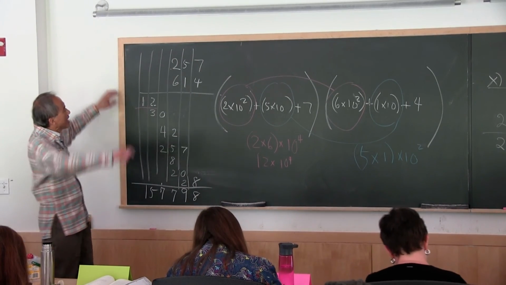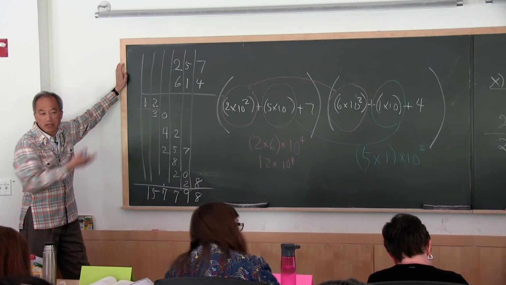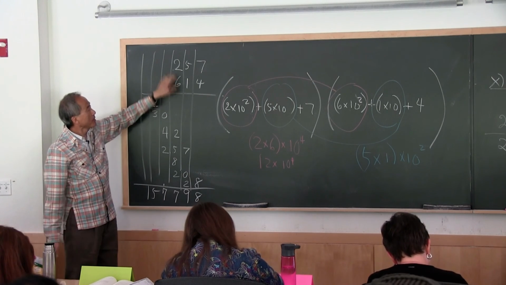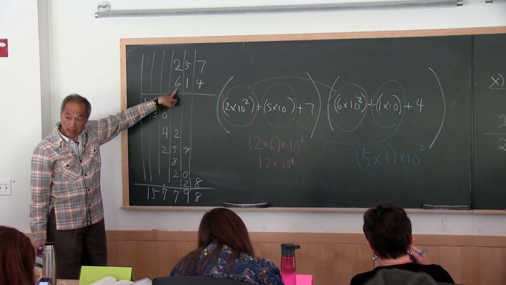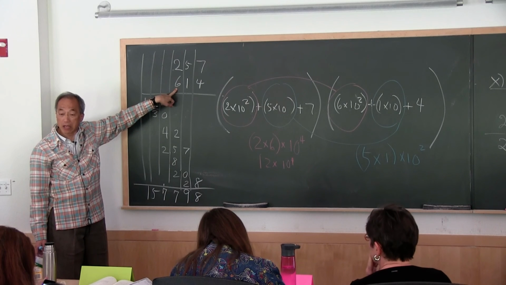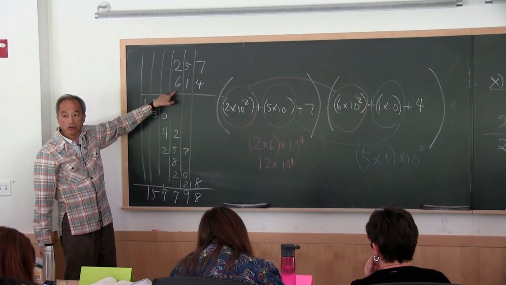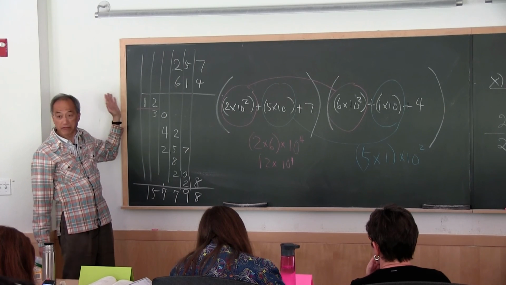What I said last time was right. You multiply the top by this digit. The instruction is that after you get the number, whatever it is, you shift the whole thing 2 digits to the left.